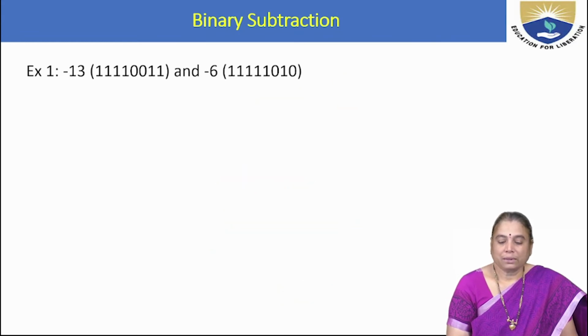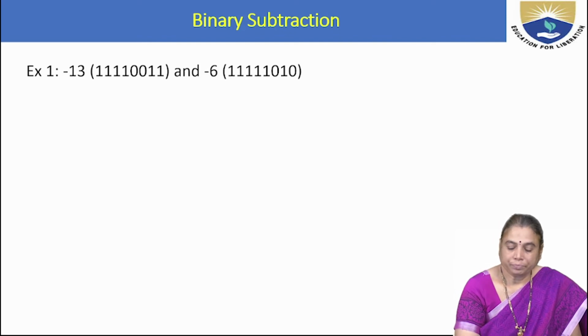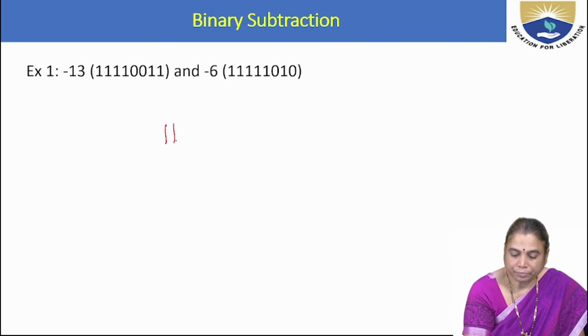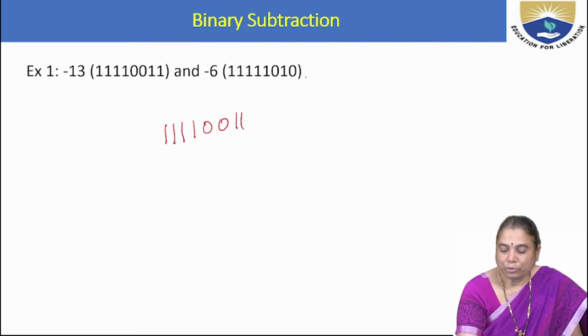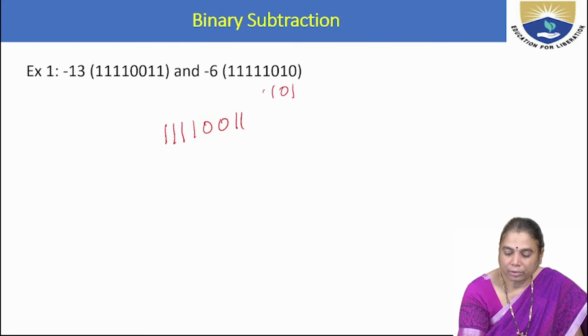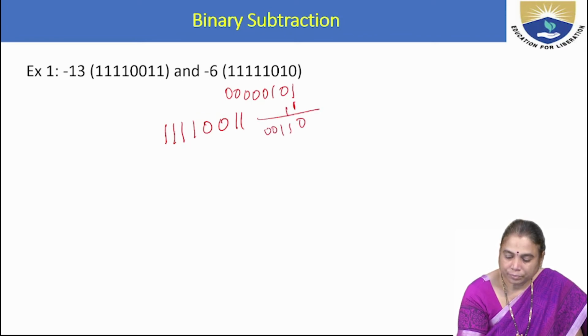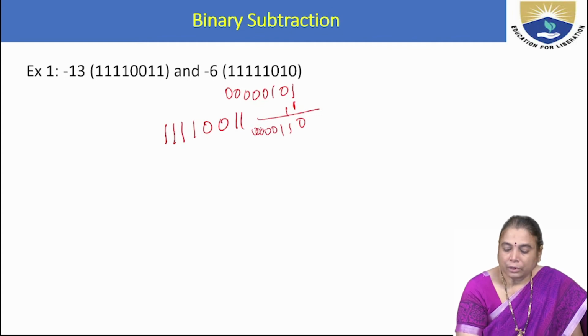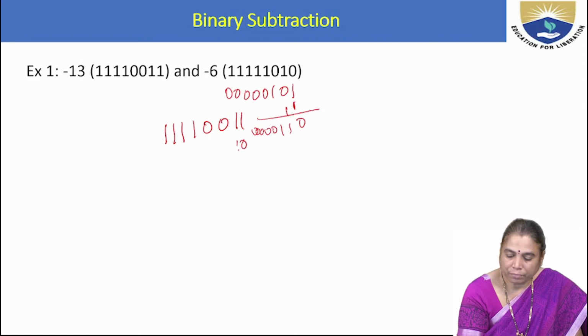And here, for minus 13 and minus 6, we can also perform the binary subtraction. The minuend's 2's complement has to be taken, and by adding a 1, we represent this in 2's complement form.